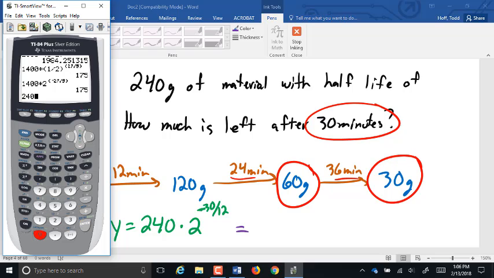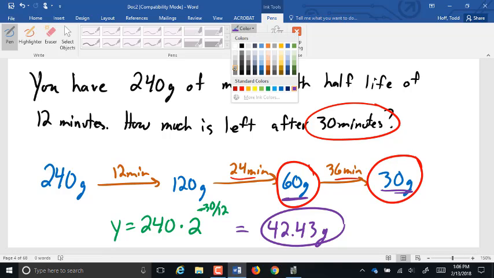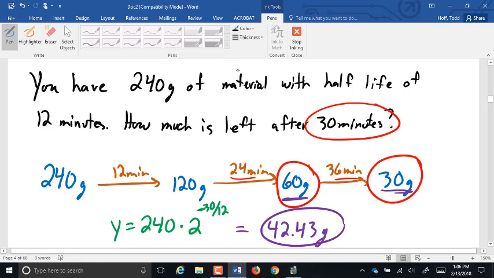So 240 times 2 to the power of negative 30 divided by 12 is 42.43. And we see that is between the 60 and the 30, so we're probably in the right ballpark at least. Any questions there?